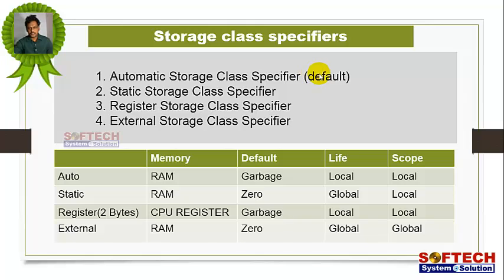Storage class specifier: it defines the storage area and some characteristics of a variable. At the time of the invention of the C language, the size of memory in computers was very low. That is, all computers had limited main memory.